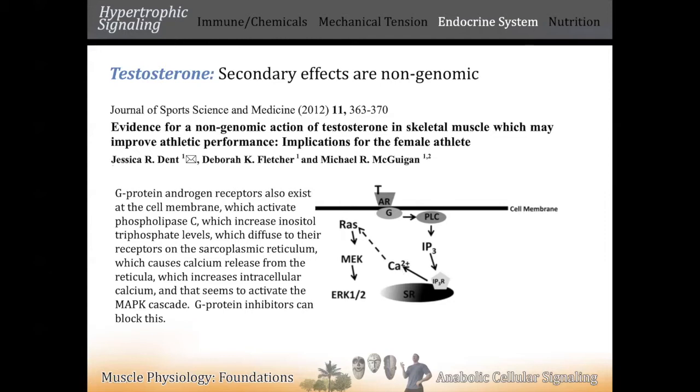And that calcium seems to activate MAPK signaling, mitogen activated protein kinase signaling, which has a convergence with mTOR at the end. They are doing the same stuff, hypertrophic stuff at the end, but also there's crosstalk in between. The MAPK signaling cascade is crosstalking.